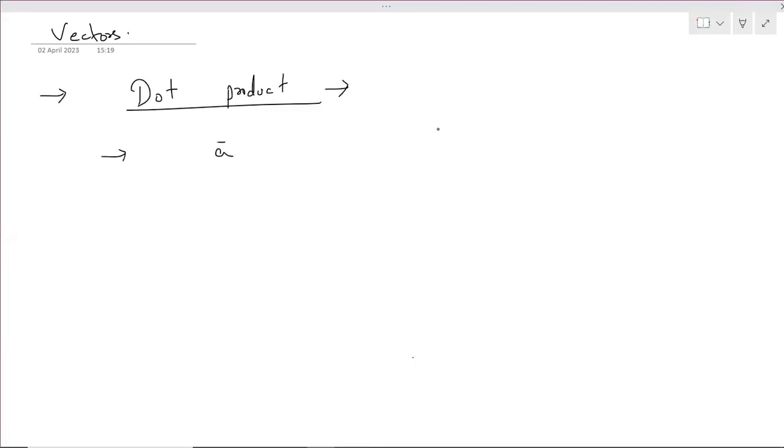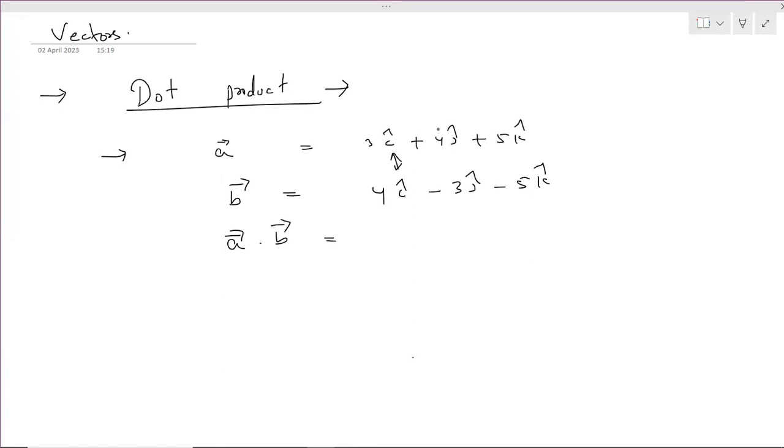If you have a vector 3 i cap plus 4 j cap plus 5 k cap and b vector is 4 i cap minus 3 j cap minus 5 k cap, then a dot b is just multiply the coefficients of i, j, k: 12 minus 12 minus 25. The answer is minus 25. Dot product is a scalar.